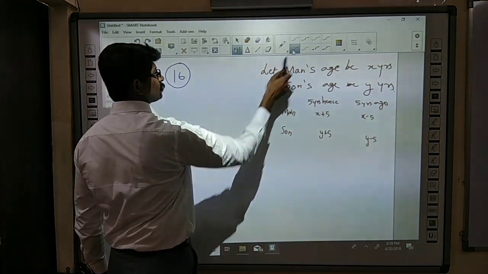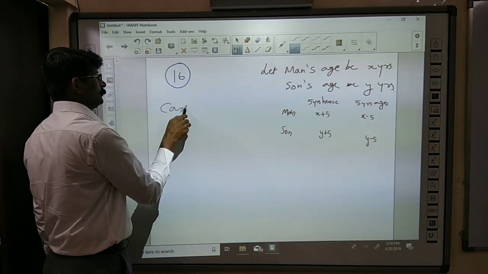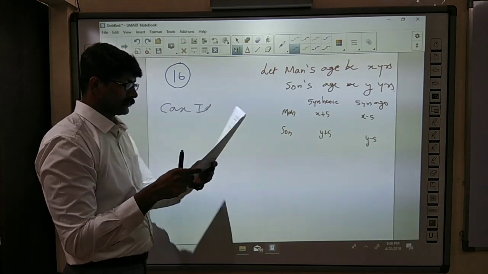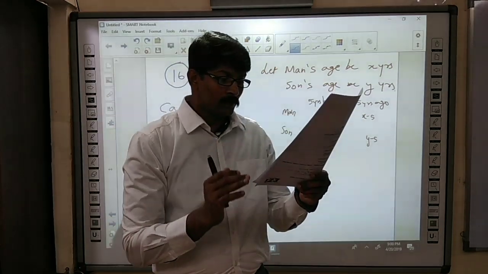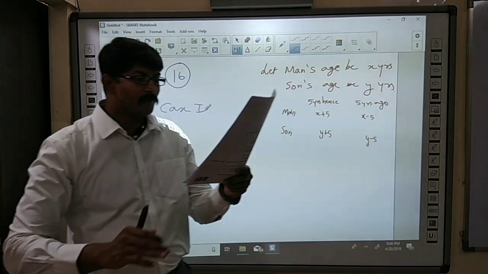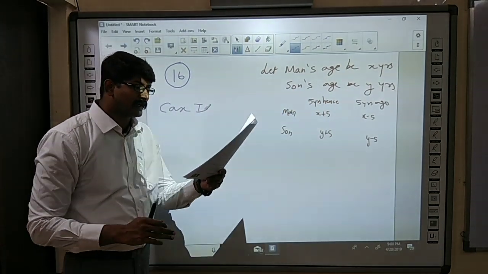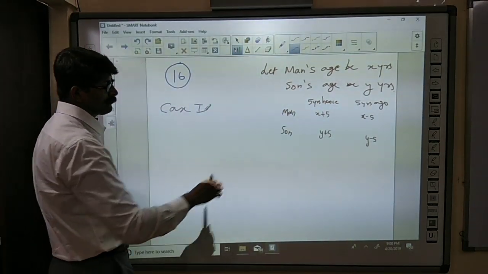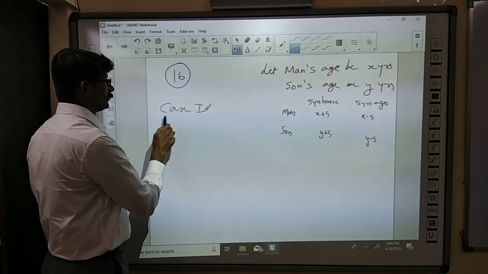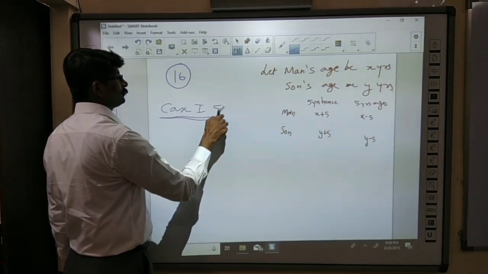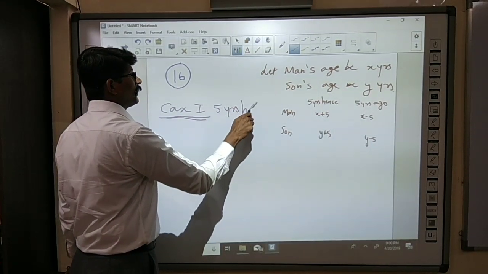Case 1: 5 years hence, a man's age would be 3 times his son's age.